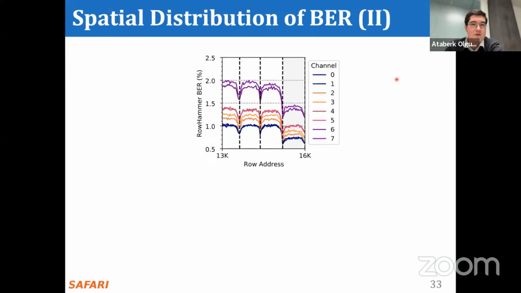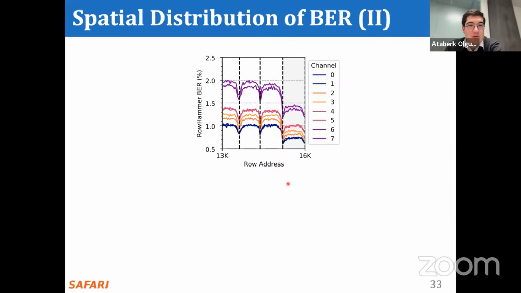This plot shows the bit error rate on the y-axis, and this time the row address is on the x-axis, and different lines show the bit error rate for different channels. Note that we show only the last 3000 row addresses here, and the dashed vertical lines indicate the reverse engineered subarray boundaries.